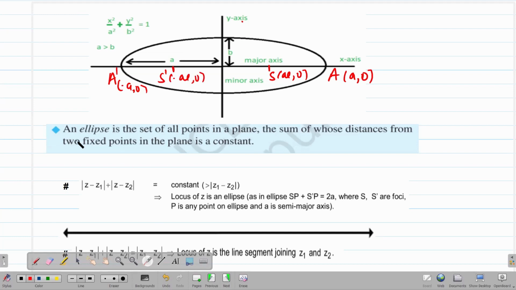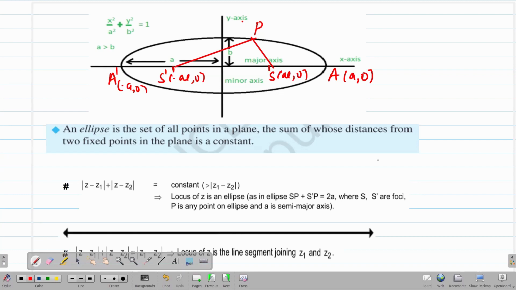According to the definition, an ellipse is the set of all points in a plane, the sum of whose distances from two fixed points in the plane is constant. Ellipse is the locus of a point P which moves in such a way that the sum of its distances from two fixed points, the two foci, is always constant.